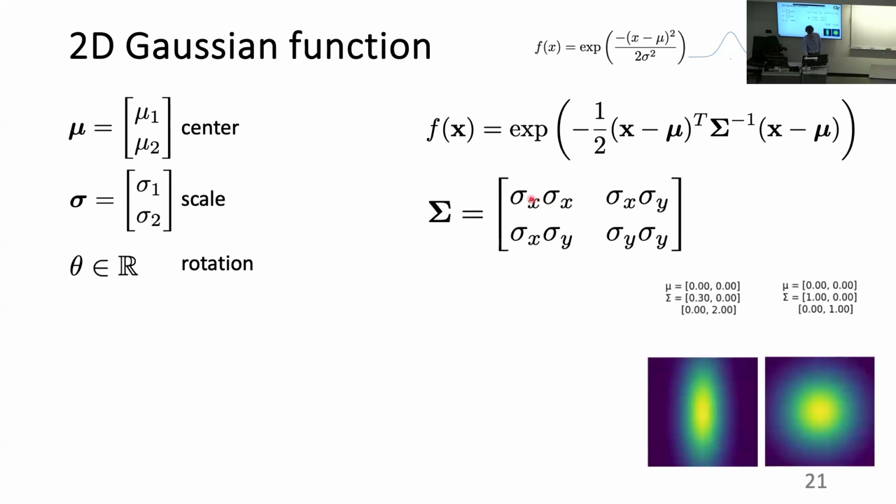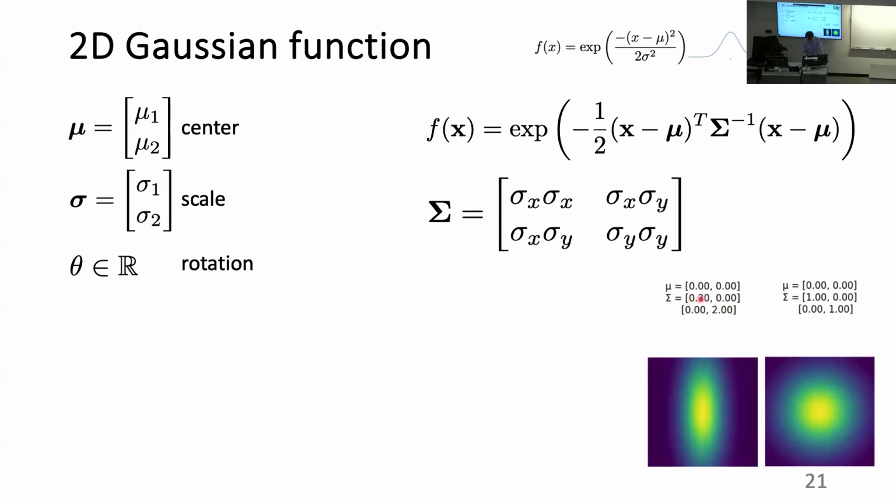Where if we have values of our 2x2 covariance matrix only along the main diagonal, for example, here I'm plotting just having 1, 1 over our main diagonal. Then we have some isotropic Gaussian, where isotropic means it has the same scale along all dimensions.